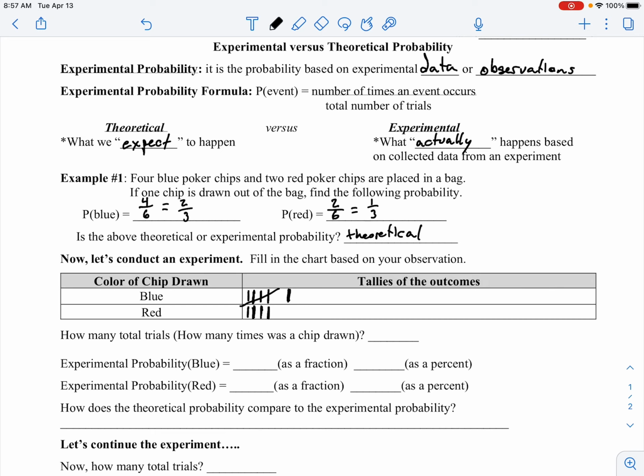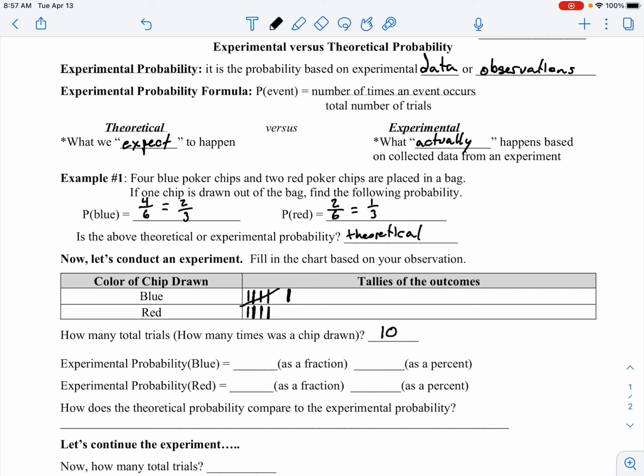All right. So how many total trials did we do? Well, we did 10. So we're going to make our experimental probability. We're going to make a fraction and put how many trials we did on the bottom.